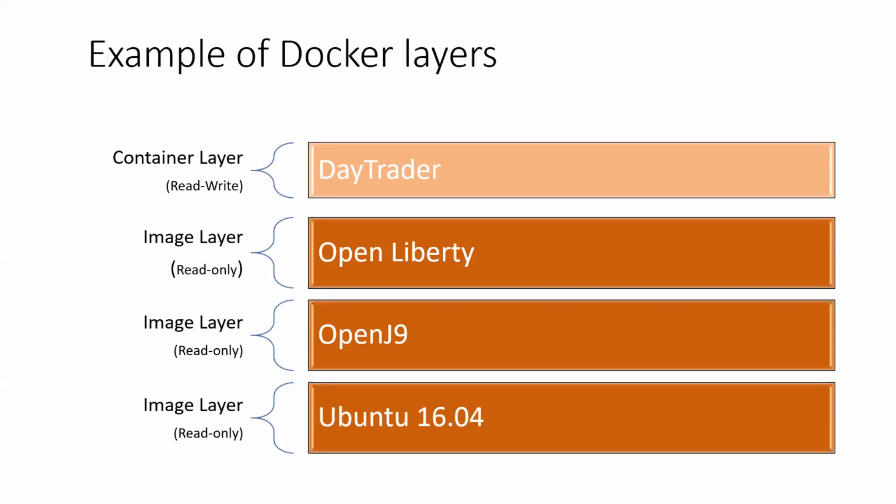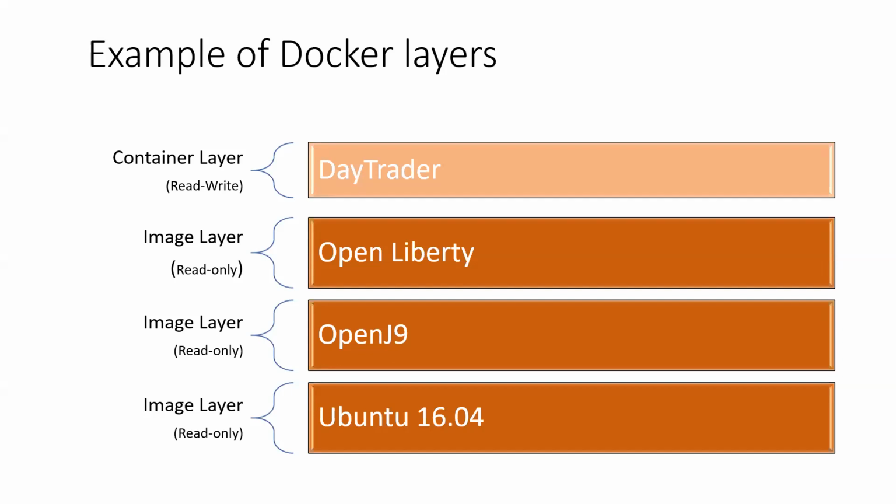So here's an example of Docker layers. A Docker container is actually a readable and writable image, a layer built on top of a bunch of read-only layers. A layer is a delta of change you made on an existing Docker image.